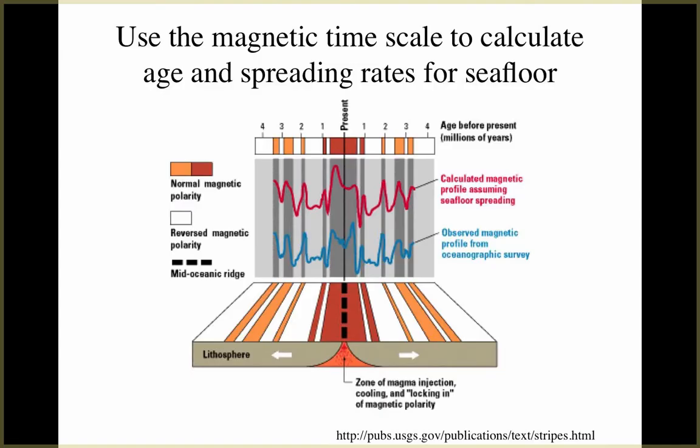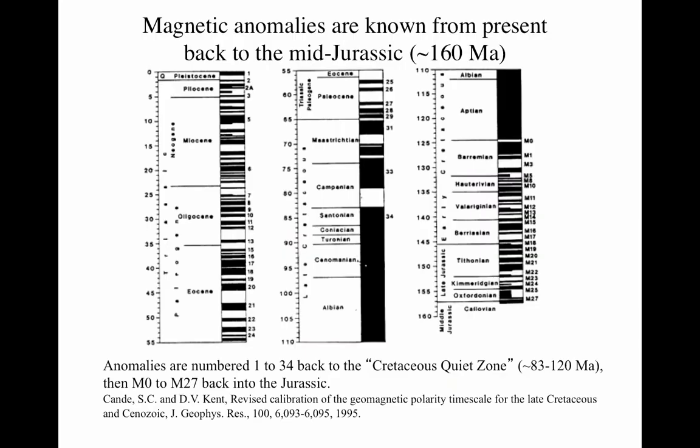Once we've developed a magnetic timescale in one part of the ocean floor, we can then very quickly calculate the age and spreading rates for seafloor elsewhere on Earth by measuring the magnetic signature. This is done very quickly from a ship towing a magnetometer.